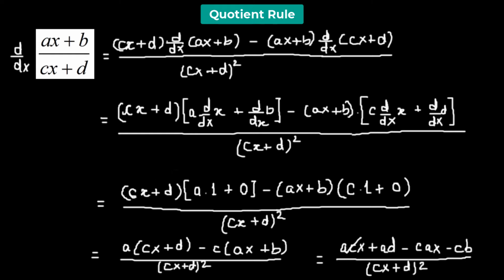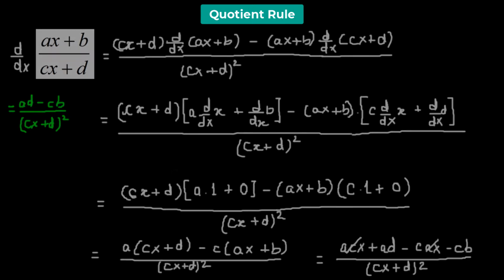So the acx and negative cax get cancelled, so the final derivative will be equal to ad minus cb divided by cx plus d whole squared. So this is the derivative with respect to x. So let's move on to the next question.